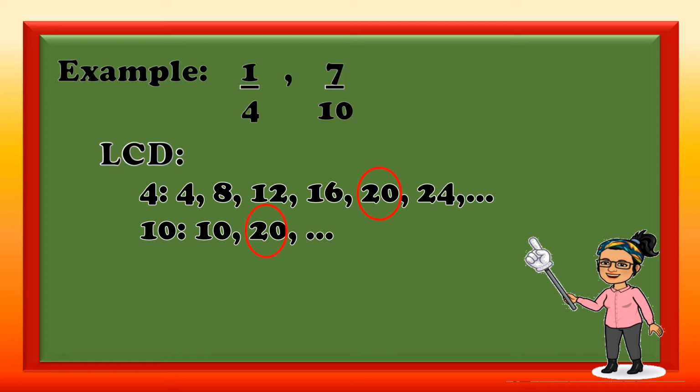So the least common denominator of the fractions is 20. Then we change the denominators 4 and 10 by their LCD. So 1/4 will have the denominator 20 and 7/10 will have the denominator 20. Did you get that? Okay, let's proceed.